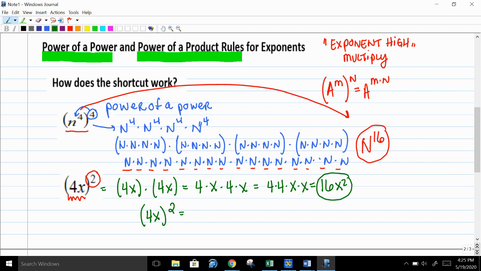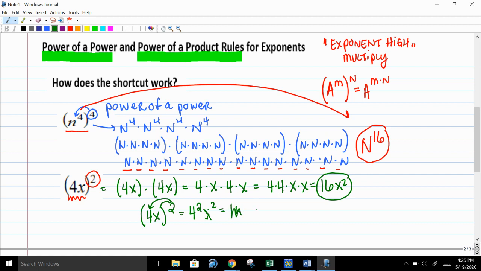It's really no different with an exponent. We're going to distribute that exponent to the 4 and to the x. So this expression would become 4 squared x squared, which would be 16.